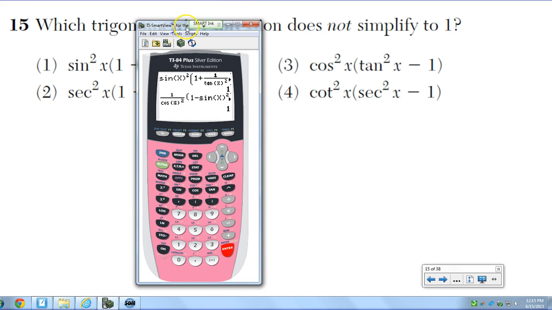When you get to choice 3, all right, that does not equal 1. And if you try choice 4, that will equal 1. You remember, if you do the store method, you really should do all 4 choices just to be safe. But this is the one that's not equal to 1.